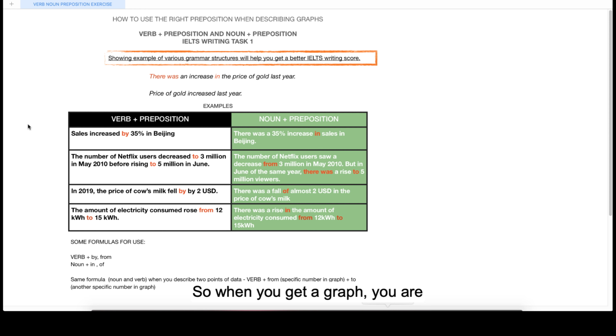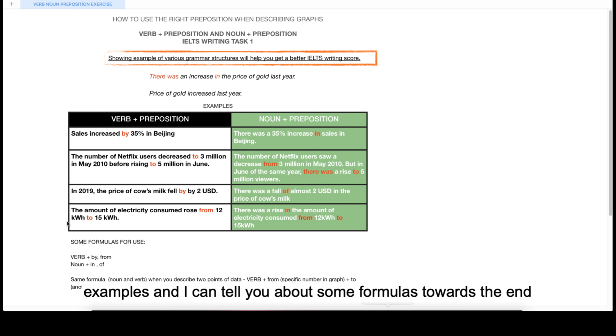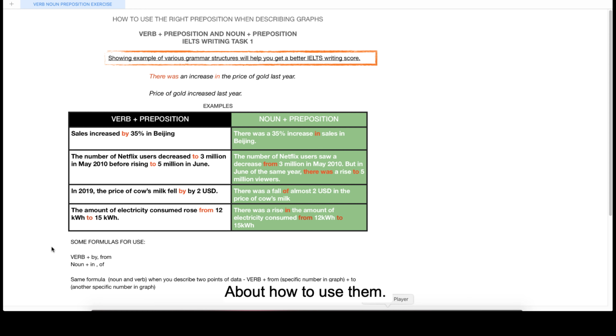So when you get a graph, you are expected to describe the data. And how do you do that? Now you can do that using the verb plus preposition or the noun plus preposition. So we'll look at a few examples here, and then I can tell you about some formulas towards the end about how to use them and to use them correctly, obviously.